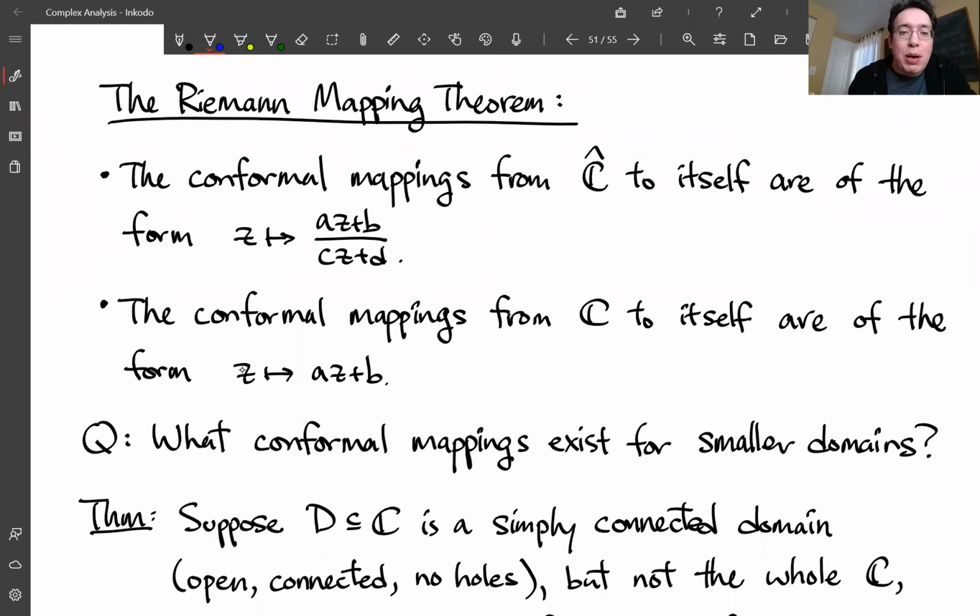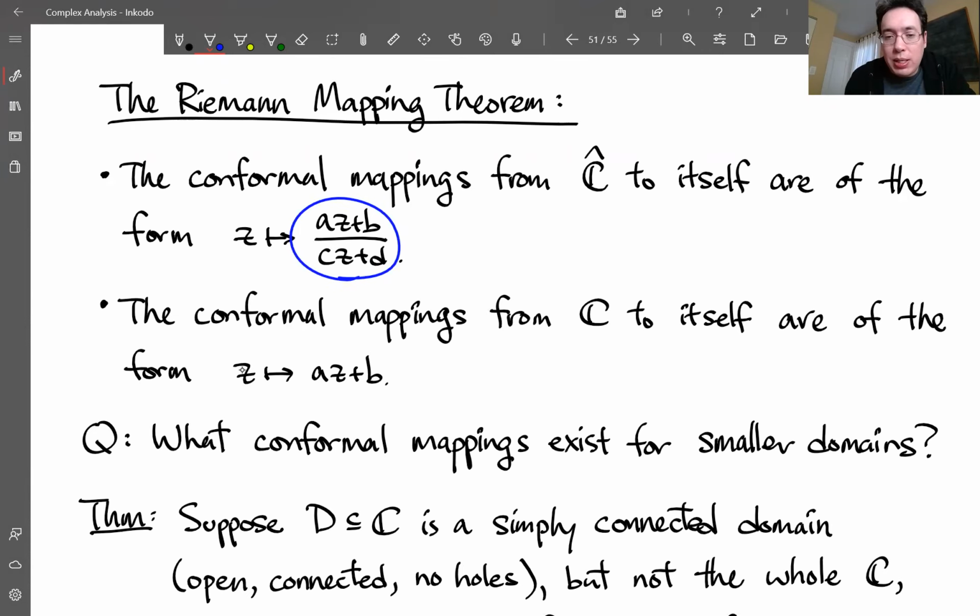So we were talking about a lot of conformal mappings in different settings. We discussed Mobius transformations from the extended complex plane to itself. And these were mappings that look like this: az plus b over cz plus d, with some restrictions on the coefficients a, b, c, d.